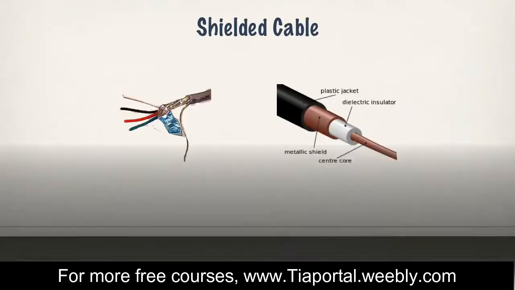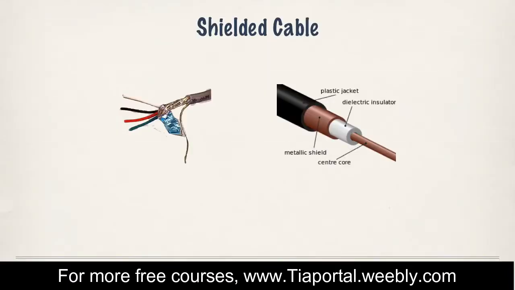You could string that from point A to point B, and the electrons would travel very quickly, very smoothly, with very little resistance.